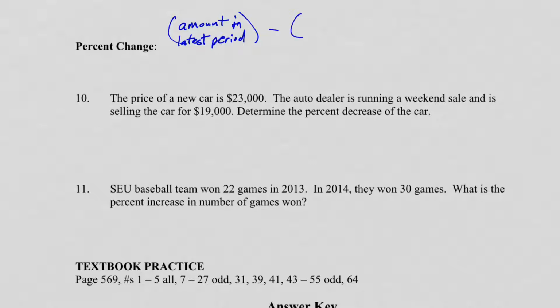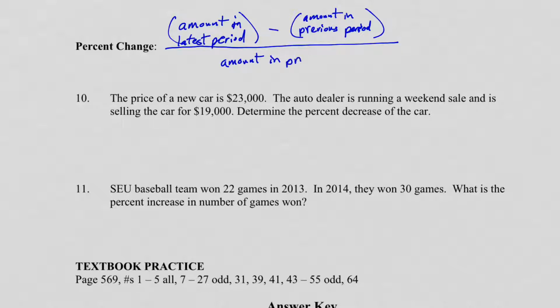all right, and then you're gonna find the difference between the amount in the previous period. Okay, once you find the difference, you want to compare that difference to the amount in the previous period. Okay, so when it comes to numbers and word problems, I like to try to simplify this.